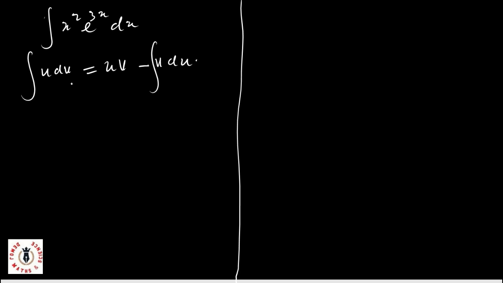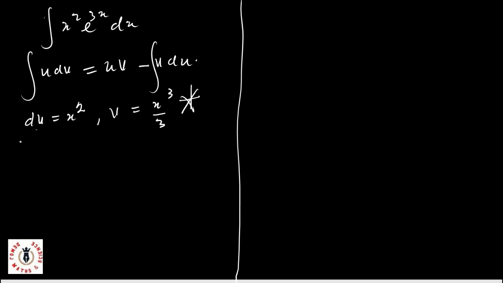Now here, I want to select my dv carefully. If I select my dv to be equal to x raised to power 2, on integrating, I'll get v to be equal to x raised to power 3 over 3.